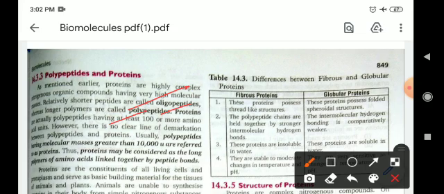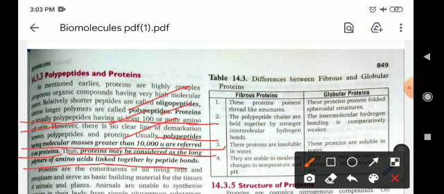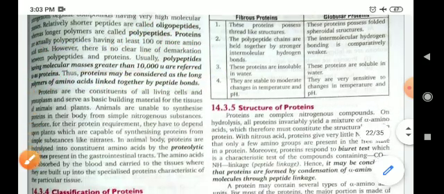Proteins are actually polypeptides having at least 100 or more amino acid units. Usually polypeptides having molecular masses greater than 10,000 atomic mass units are referred to as proteins. Thus proteins may be considered as long polymers of amino acids linked together by the peptide bond.